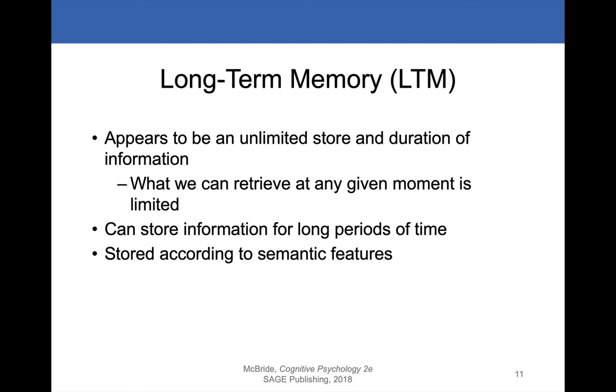Those are different attributes of this object bird that you're trying to remember. Like I said, it's generally agreed that long-term memory is unlimited, so that we haven't been able to detect any sort of limit of terabytes of long-term memory that we have.